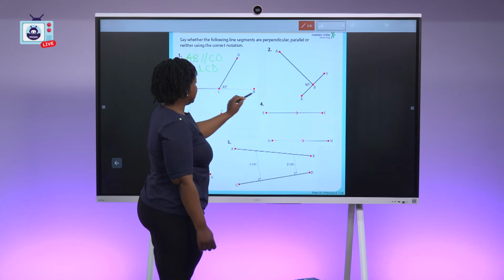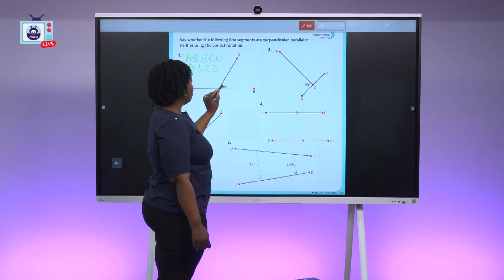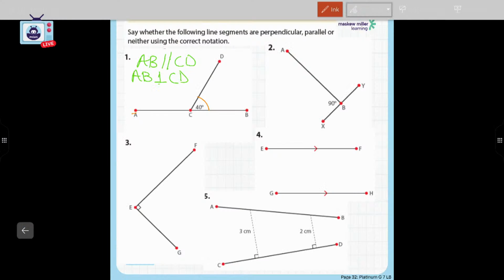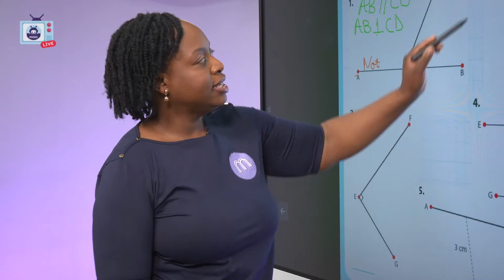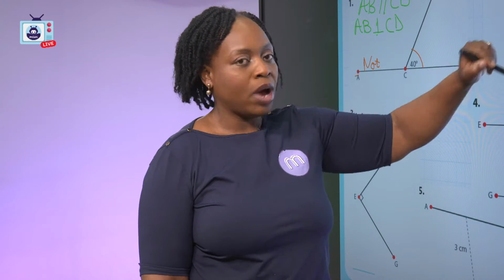The first question, we have ABC, that is our line, but with an angle of 40 degrees, and there's a line CD. Is that perpendicular or parallel? Please put it on the chat, or is it even neither? I am sure that that is neither, right? So I'm going to put just an N to show that it's neither. And number two, did anyone put it on the chat? What will AB and XY be?